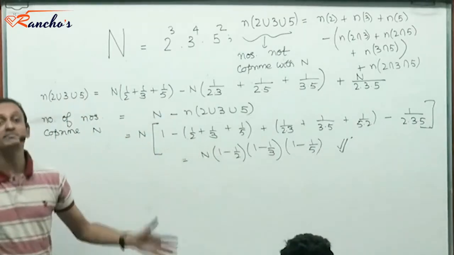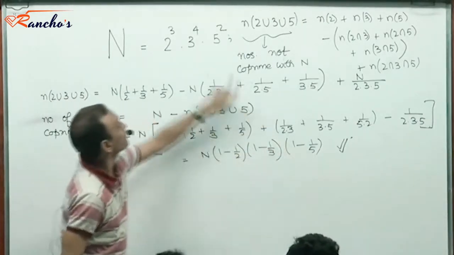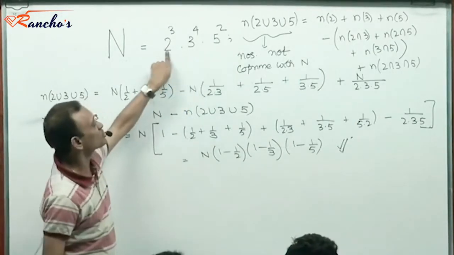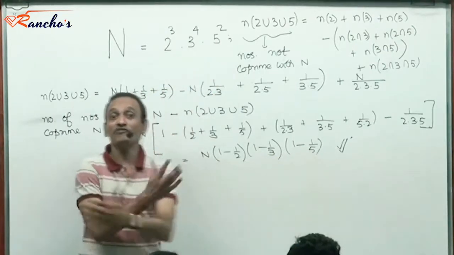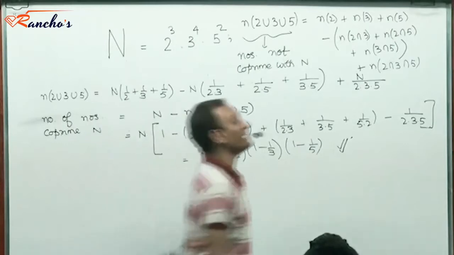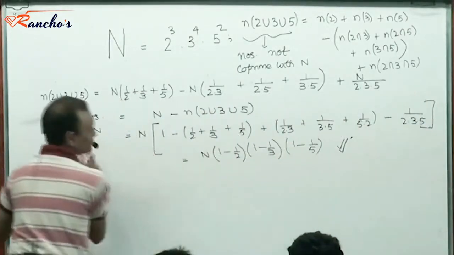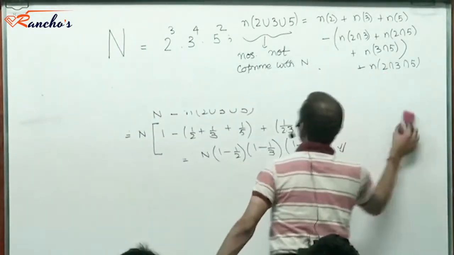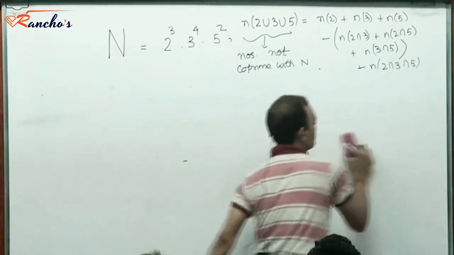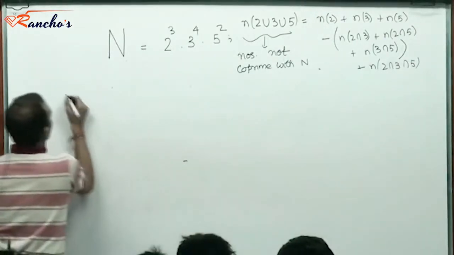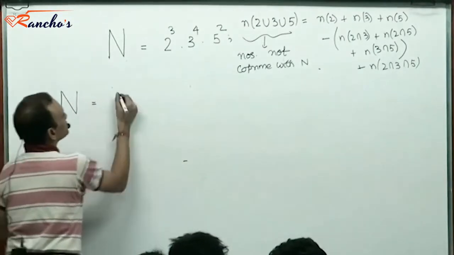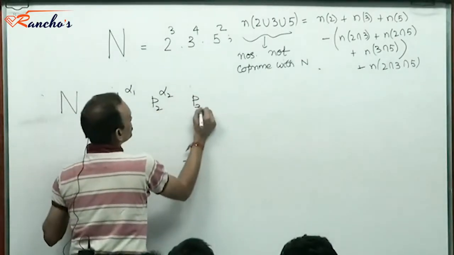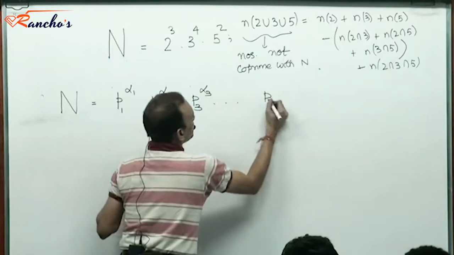If I had to generalize matters here, see, these 2, 3, 5 are the prime factors. If I had to generalize for any natural number n, suppose n has prime factors p1 to power alpha 1, p2 to power alpha 2, p3 to power alpha 3, pk to power alpha k.